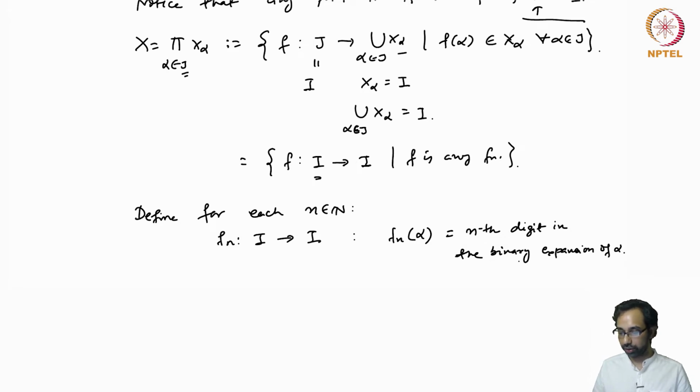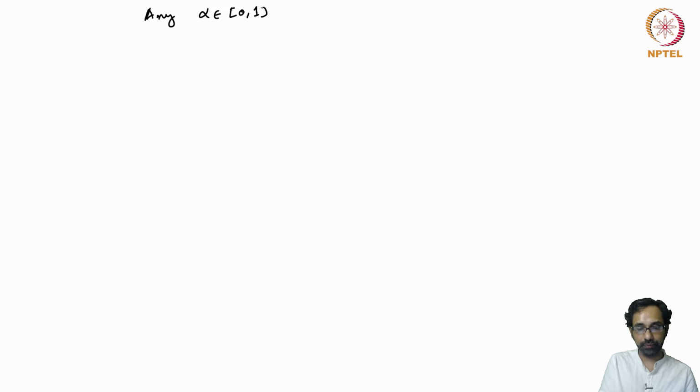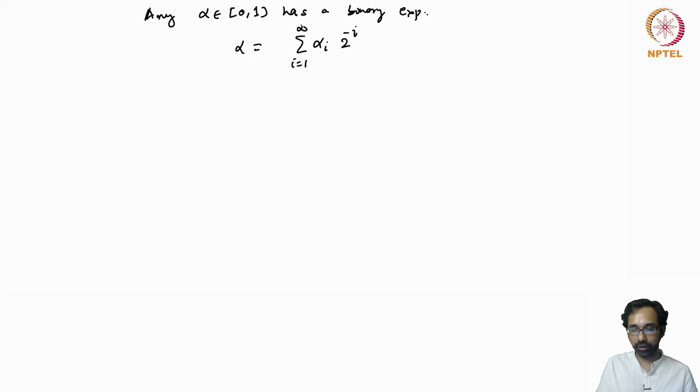Now here we are using the concept of a binary expansion. So any alpha within the interval [0,1] has a binary expansion of the form alpha equals the sum of alpha_i 2 to the power minus i, i equal to 1 to infinity.